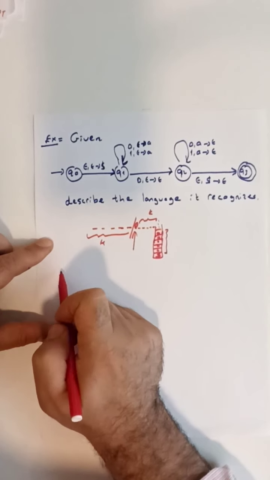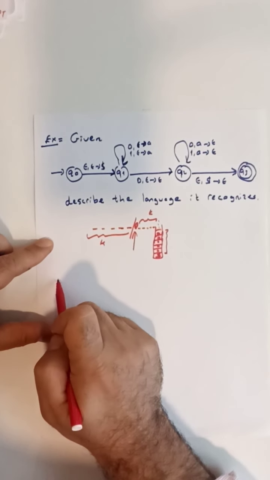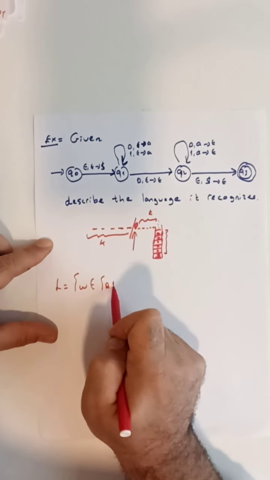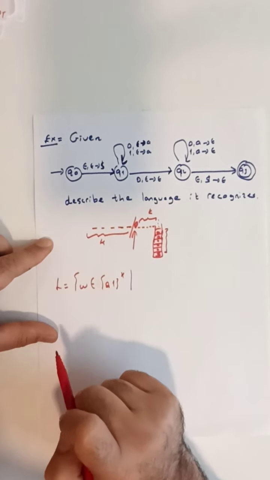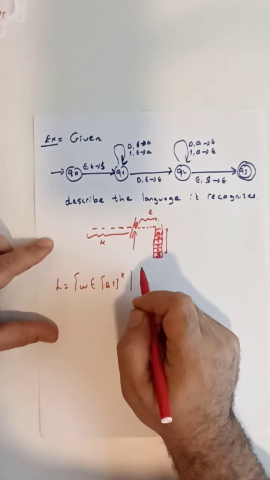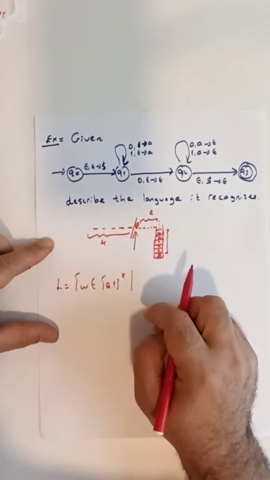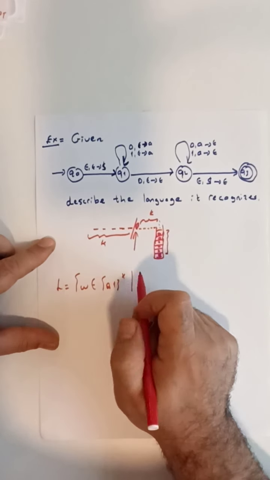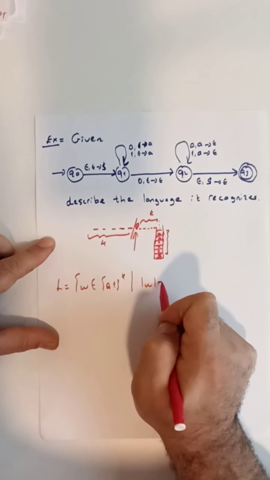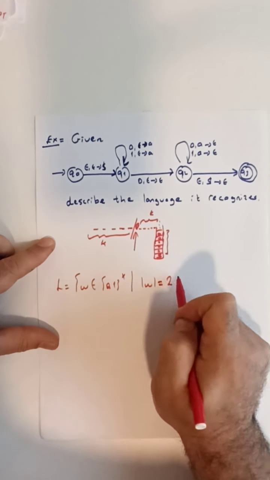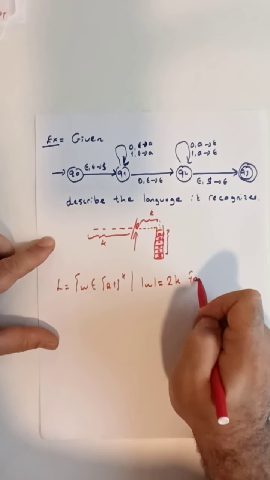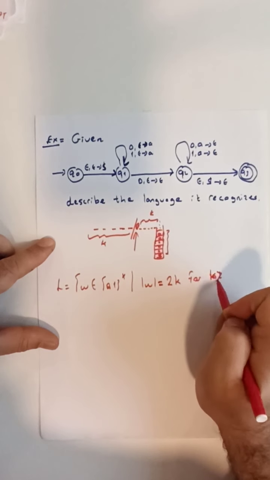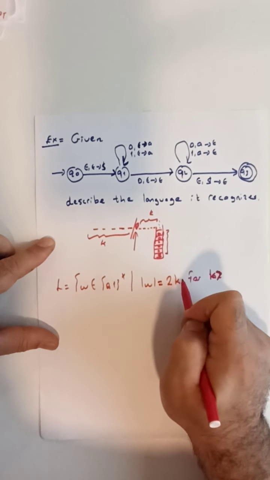So now we can describe the language as L equals W in {0, 1} star, such that, because our string consists of zeros and ones, A is just a stack symbol, not a symbol in our input alphabet, such that the length of W is equal to 2k plus 1.